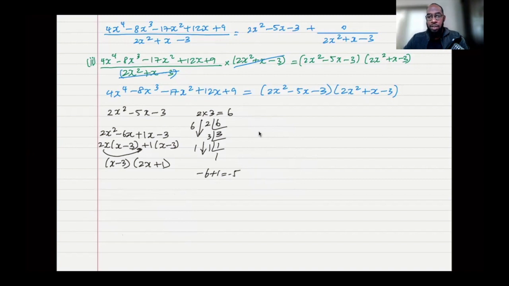And let's deal with the other one, which is this quadratic expression here. So we have 2x squared plus x minus 3. To factorize, 2 times 3 is 6. LCM of 6, 2 into 6, 3.